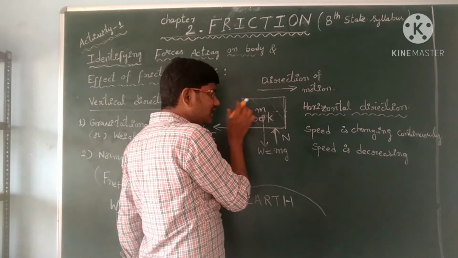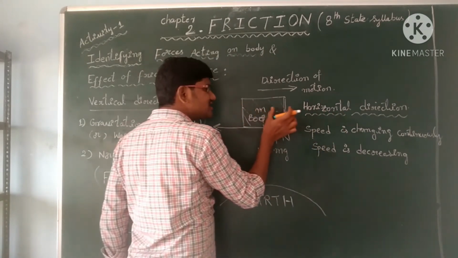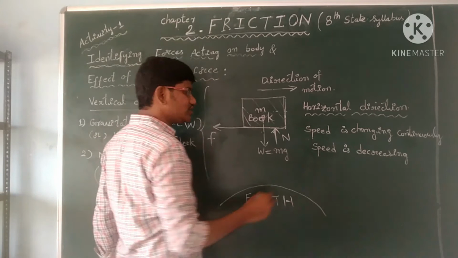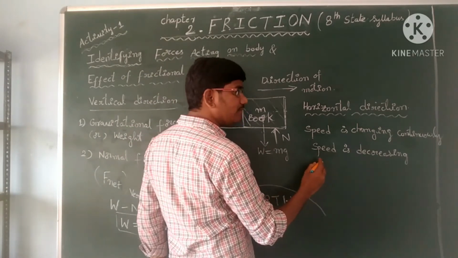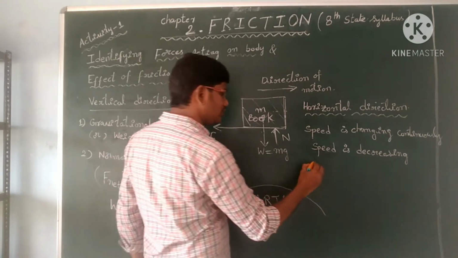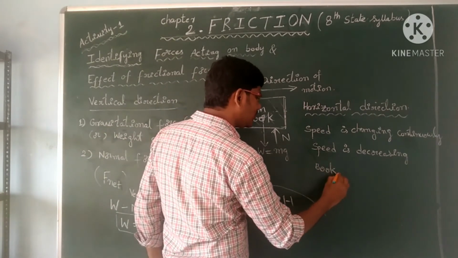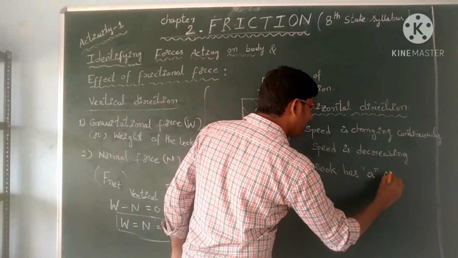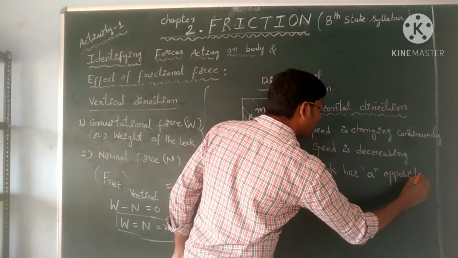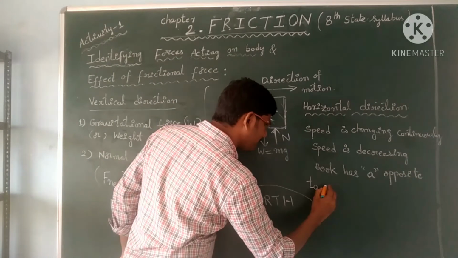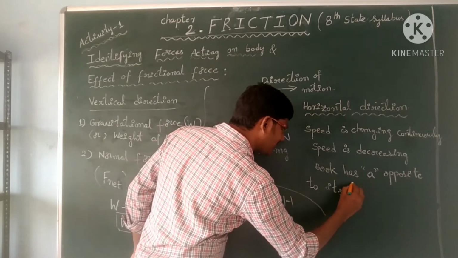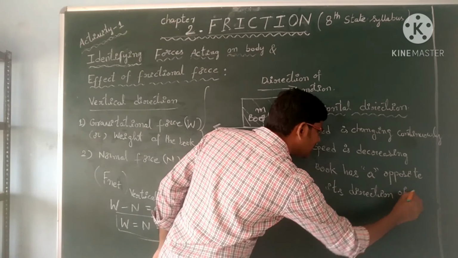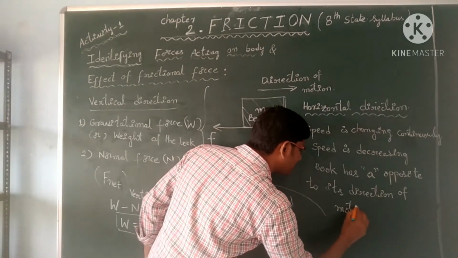And when an object is moving in a horizontal direction and its speed is decreasing gradually, we say that the book has acceleration opposite to its direction of motion.